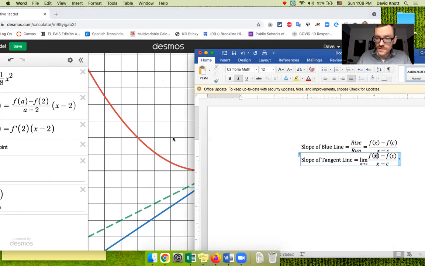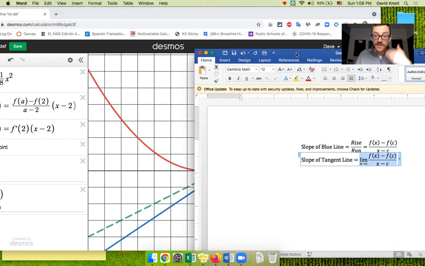And we've derived it using geometry, but hopefully you've noticed that this expression here is in fact exactly the same formula that we've been using for the derivative, for the instantaneous rate of change, okay?